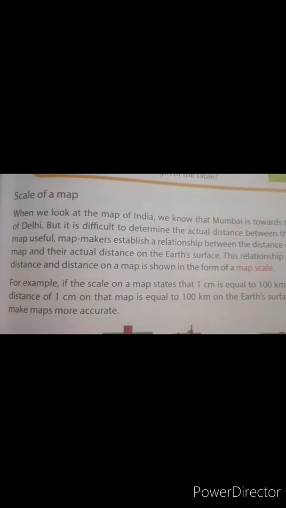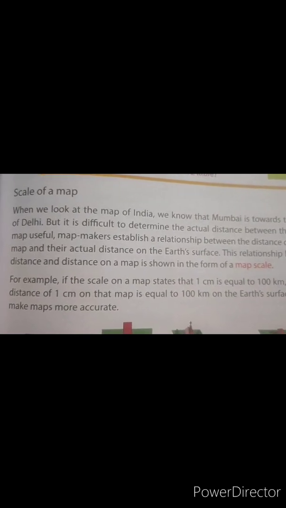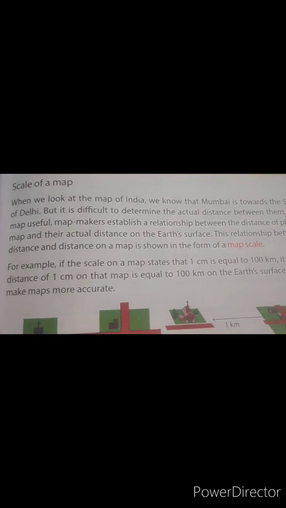Now come to the next, scale of a map. When we look at the map of India, we know that Mumbai is towards the southwest of Delhi. If you see the map, you will find that Mumbai is towards the southwest of Delhi.